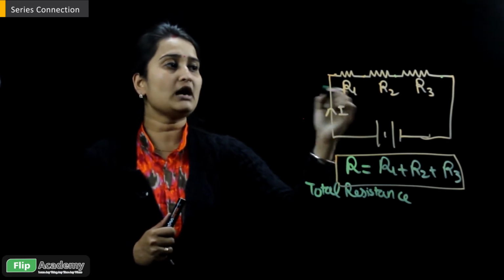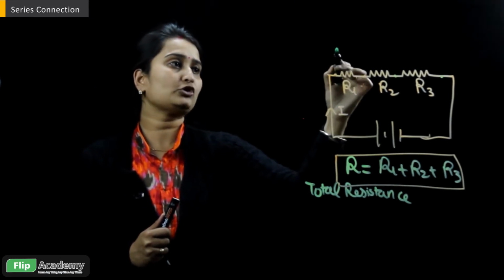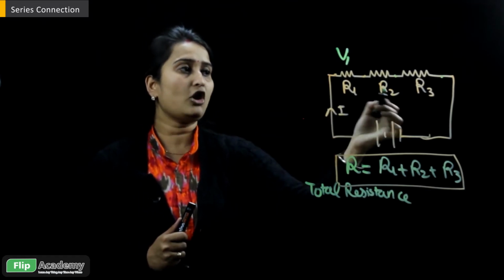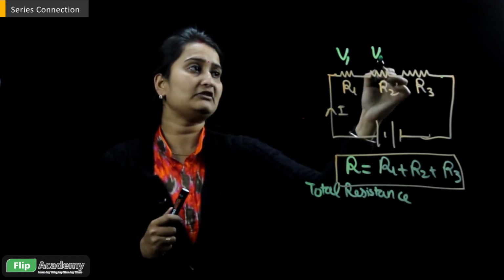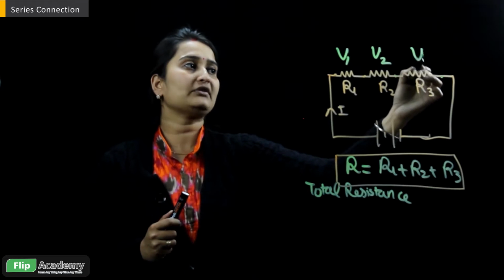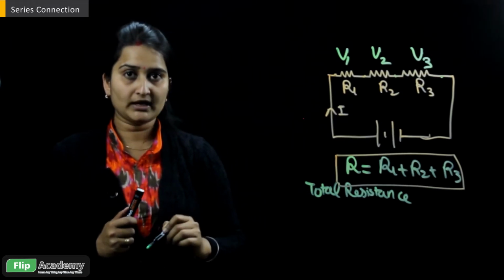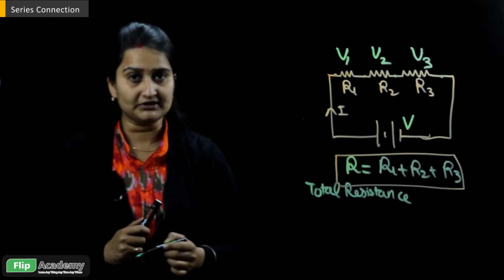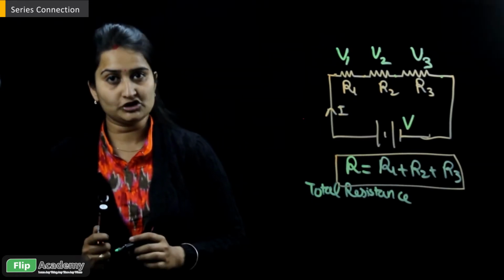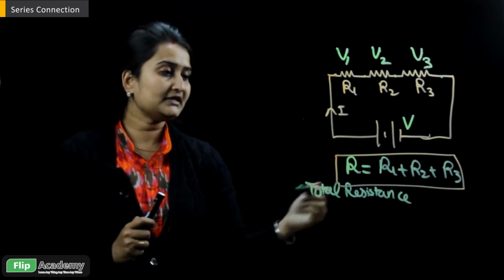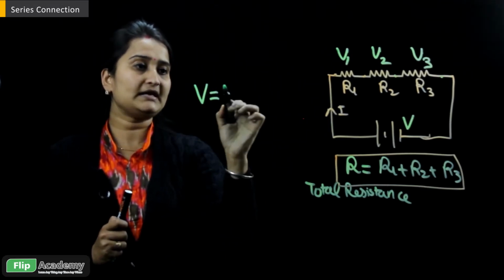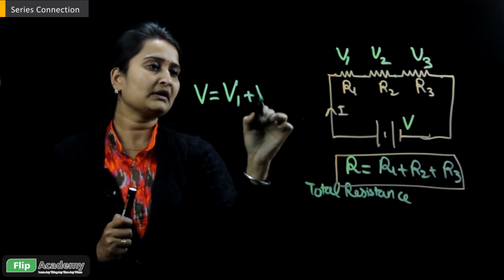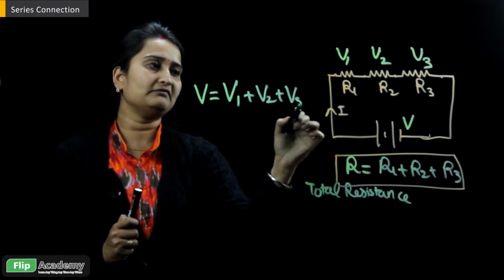That is, across R1, if you place a voltmeter, it will read V1. Across R2, if you place a voltmeter, it will read V2. Across R3, it will read V3. And the potential supplied by this battery is, suppose, capital V. That is the total potential from the battery. This capital V is given by the summation V = V1 + V2 + V3.